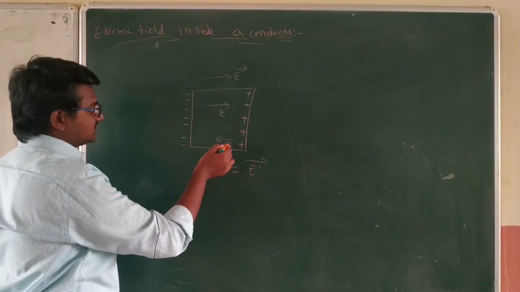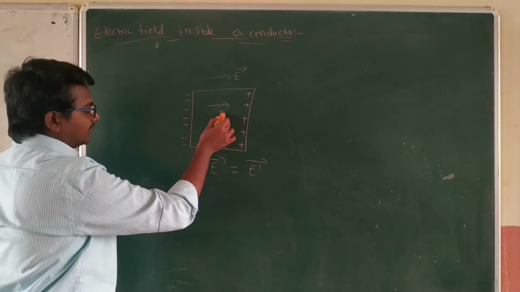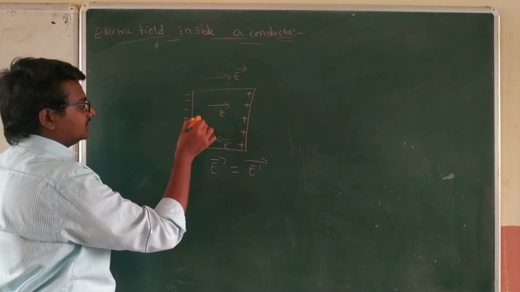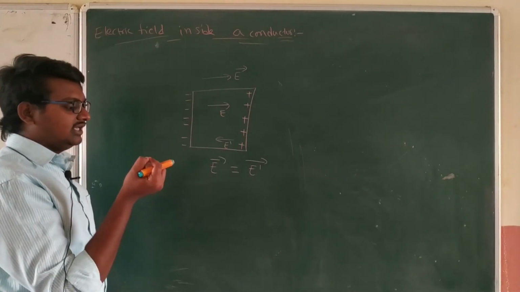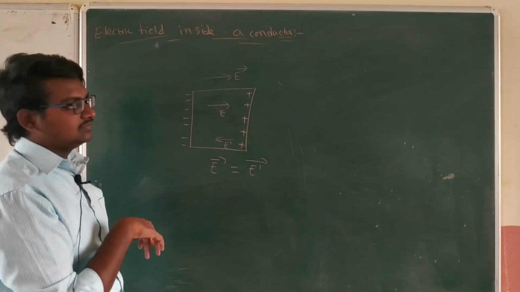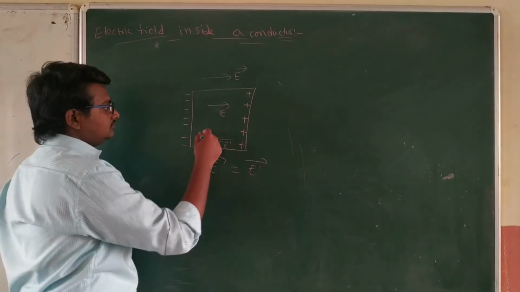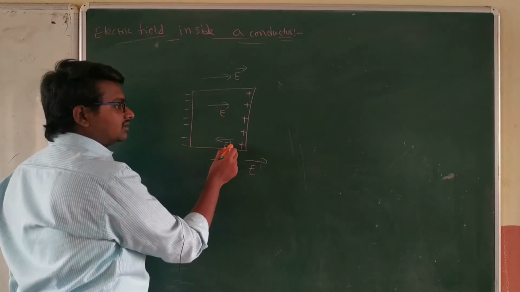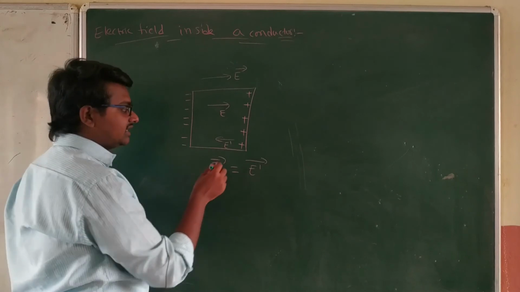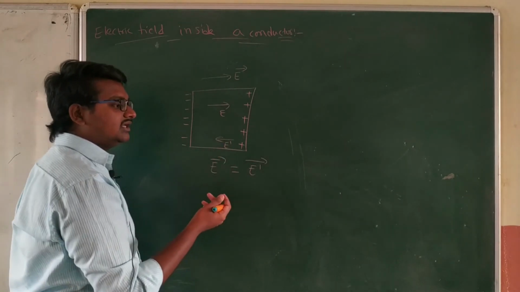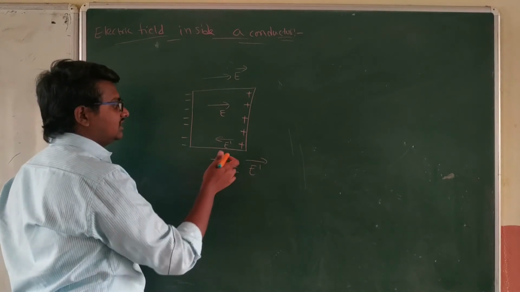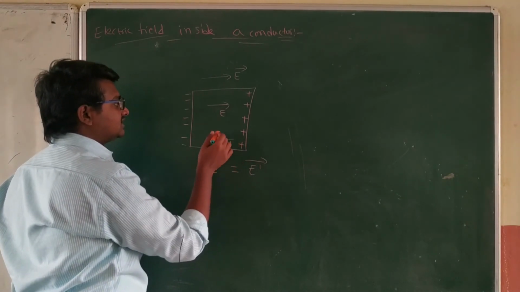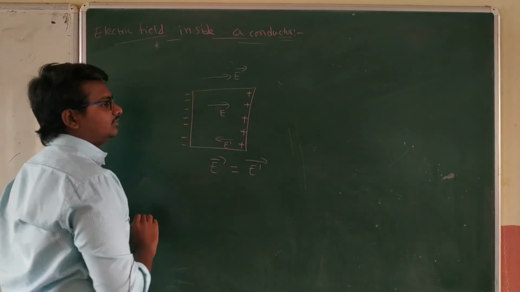We can observe E bar only for microseconds. E dash bar develops in microseconds, up to the maximum magnitude of E bar.